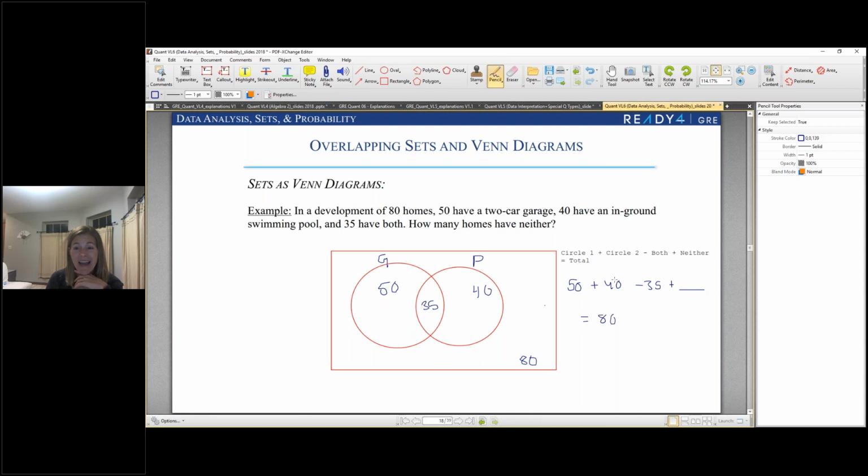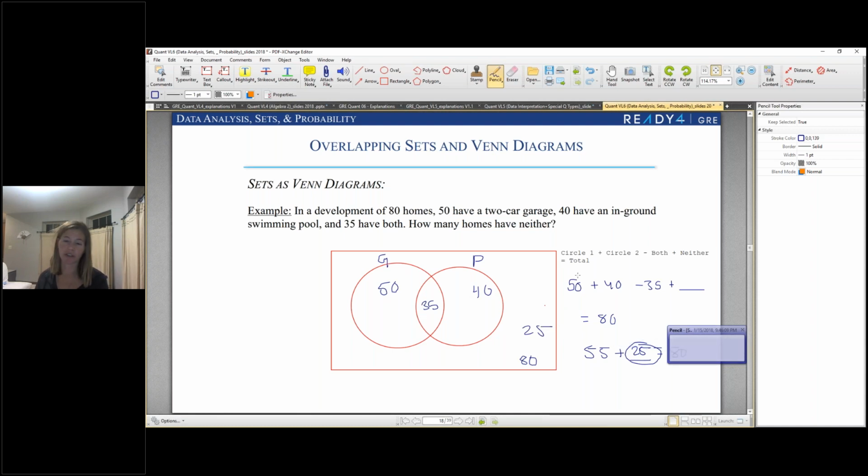So I add these up. I get 90 minus 35. So that gives me 55. So 55 plus something is equal to 80 houses. So there are 25 houses that have neither. And that's how you solve a Venn diagram problem.